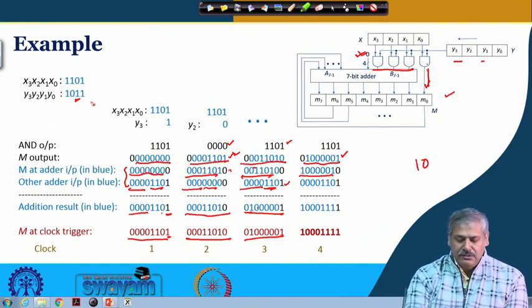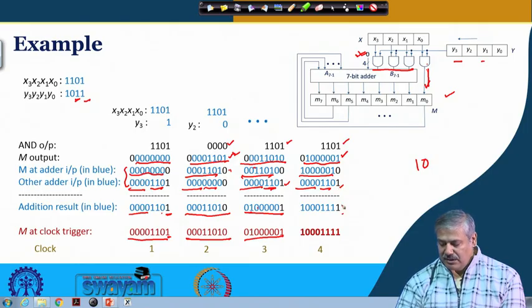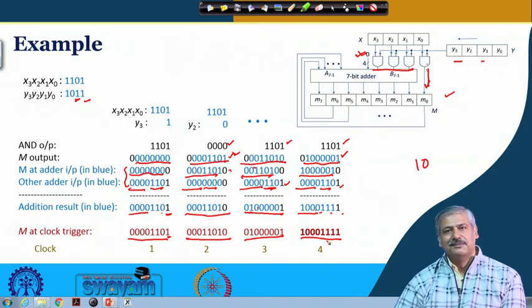And here again Y0 is 1, so this is 1101. This 1 is coming directly over here, and 110 and 4 zeros are participating in the addition. So what we get is 1, 1, 1 and 1, and these 3 zeros and 1. After the clock trigger, this is the adder output, this is the value that we get.